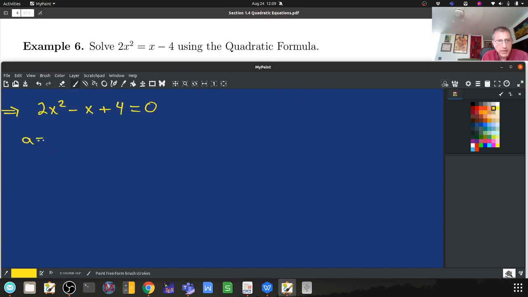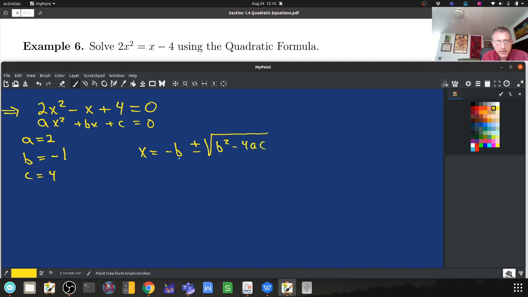So my a value is 2. So ax squared plus bx plus c is equal to 0. My b value is, that's the same as minus 1 times x. And my c value is 4. So I have x is equal to minus b plus or minus the square root of b squared minus 4ac over 2a.